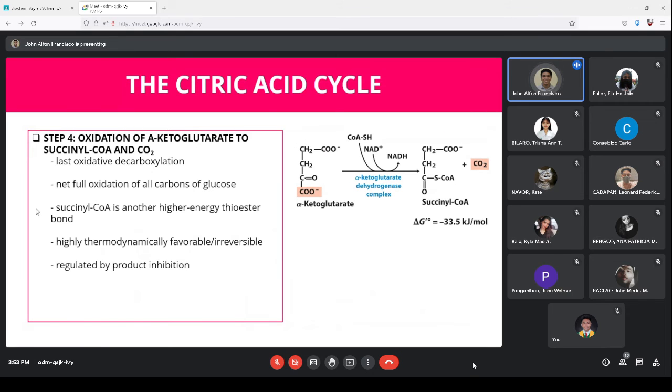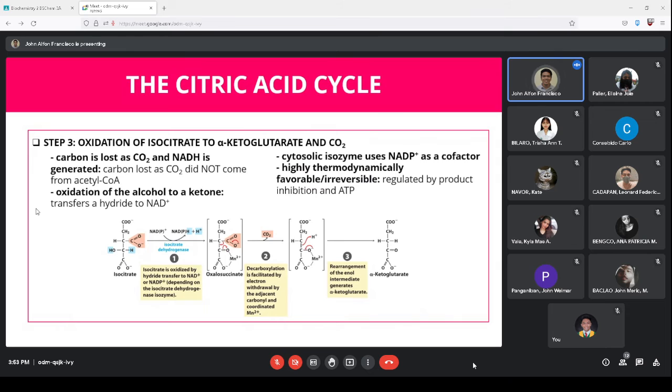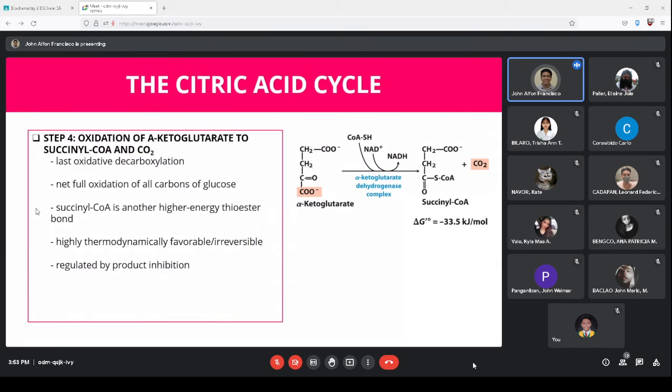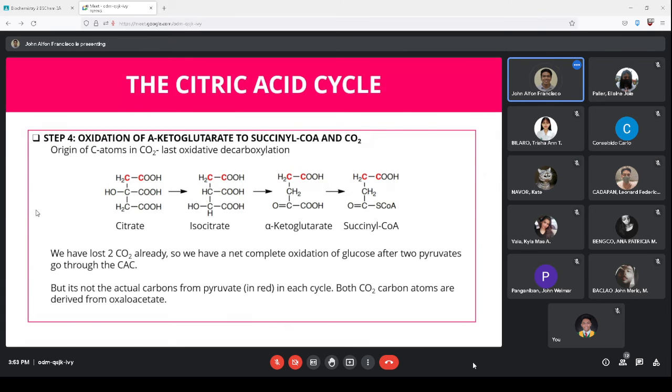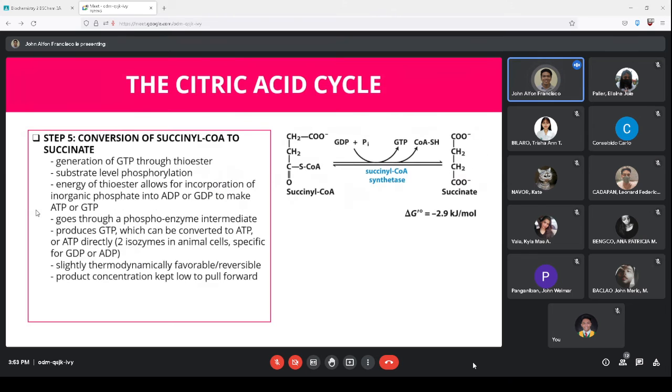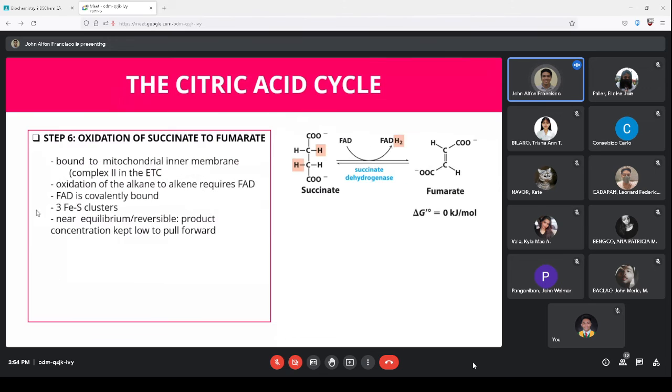Then afterwards, your produced alpha ketoglutarate will be also converted to succinyl-CoA and mag-release ka ng carbon dioxide. Okay? Next step will be the formation of succinate by production naman ito ng GDP or ng GTP from GDP and inorganic phosphate.